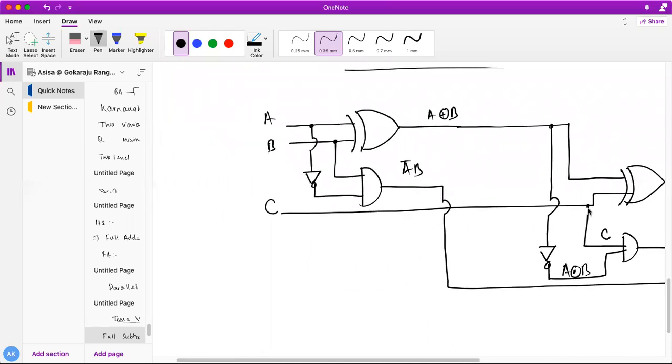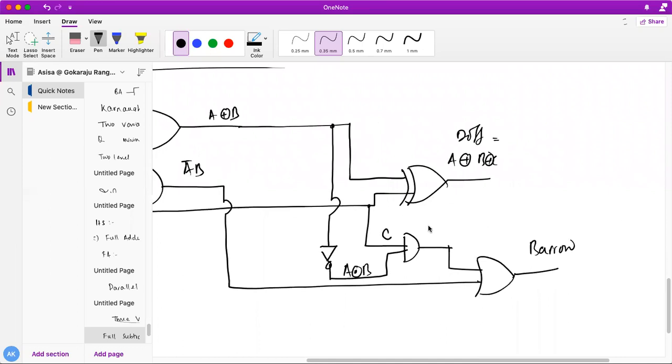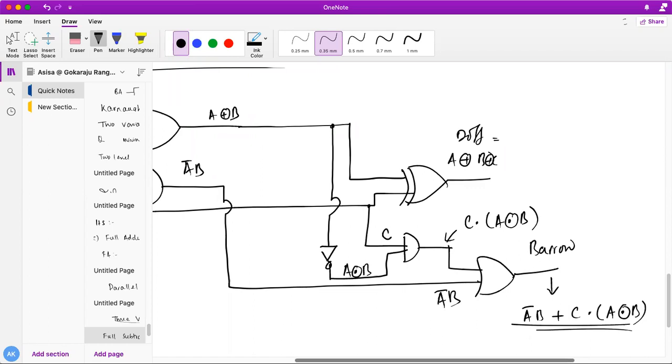This line is coming with the C. So finally here, what can I expect? C and A XOR B. Okay, understand? And this is actually A bar B. So finally, what is my borrow? My borrow would be A bar B OR C and A XOR B. Okay, so this is my thing.